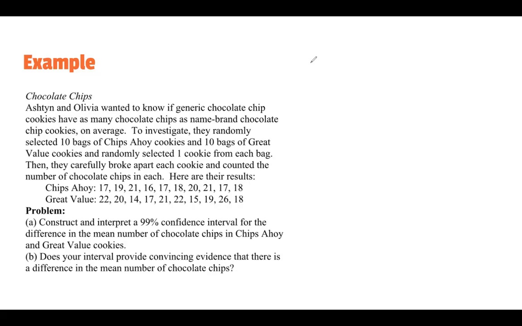So in this case, you would start off by checking the conditions, random, 10%, normal. They should be all met. I'm not going to go through that. Again, this is just a brief example, not an in-depth one. You definitely should state the hypotheses, check the conditions, everything like that. But this is data, so you have to enter that into your lists.